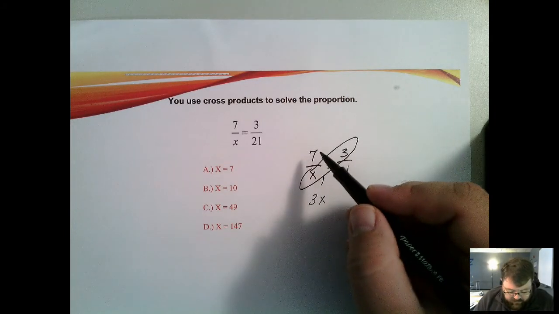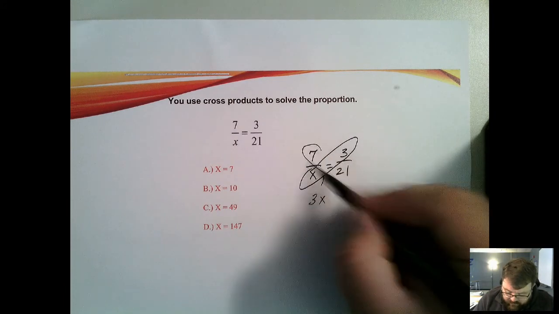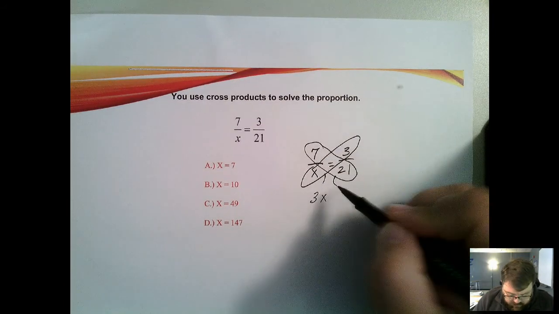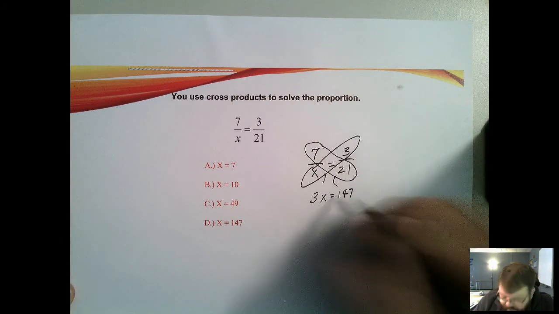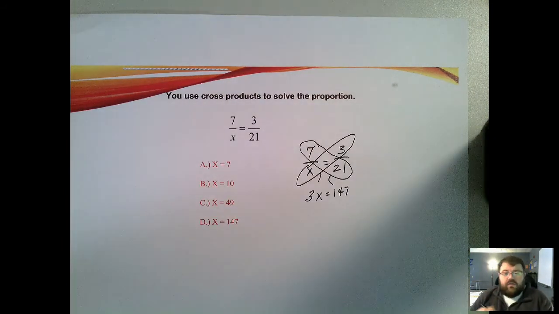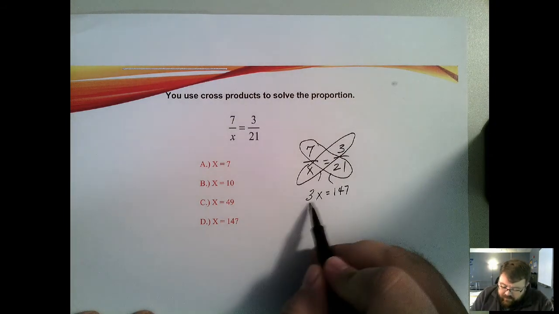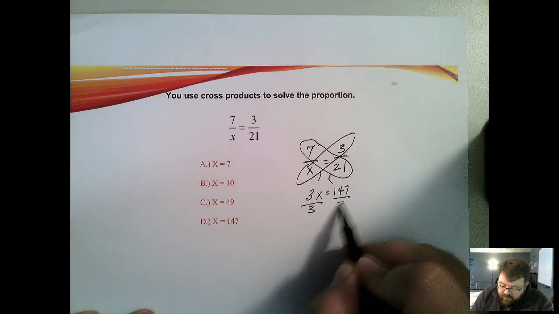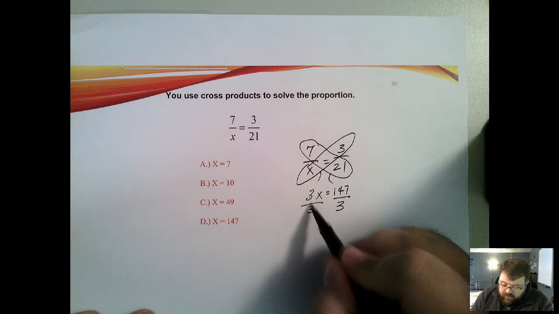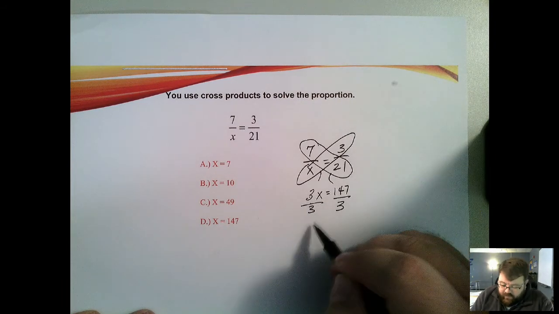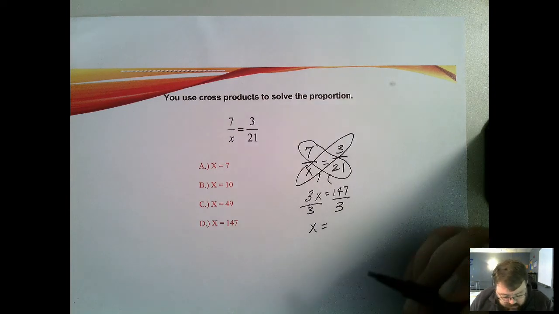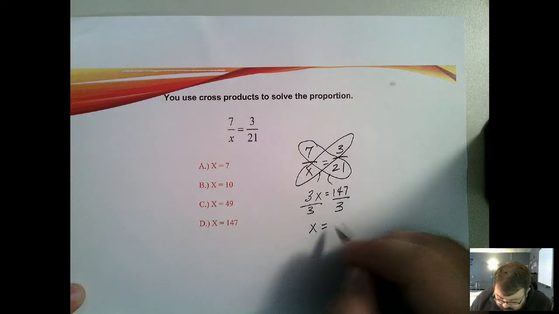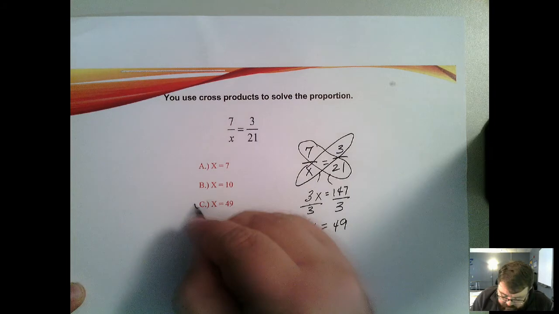I've got 21 times 7, and that's 147. I'm going to divide both sides by 3. 3 divided by 3 is 1. We write 1x by writing x. And 147 divided by 3 is 49. C.